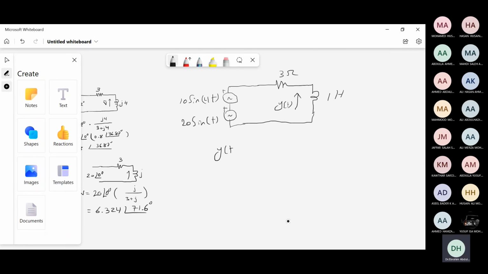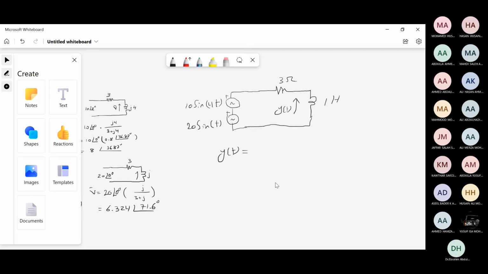So here we apply superposition. Superposition means that we find the output when we have only source number 1, then find the output when we have only source number 2, and add them together.